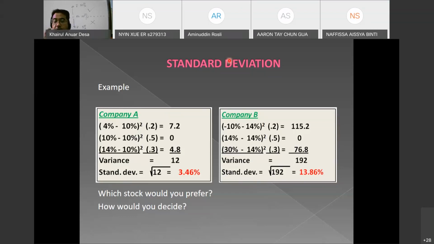Okay, kerana mereka tidak sanggup atau mereka tidak mampu lagi untuk berdepan dengan ujian ataupun dugaan turun naik harga seperti pasaran saham. So mereka lebih kepada pelaburan yang berisiko rendah dan stabil. Okay.